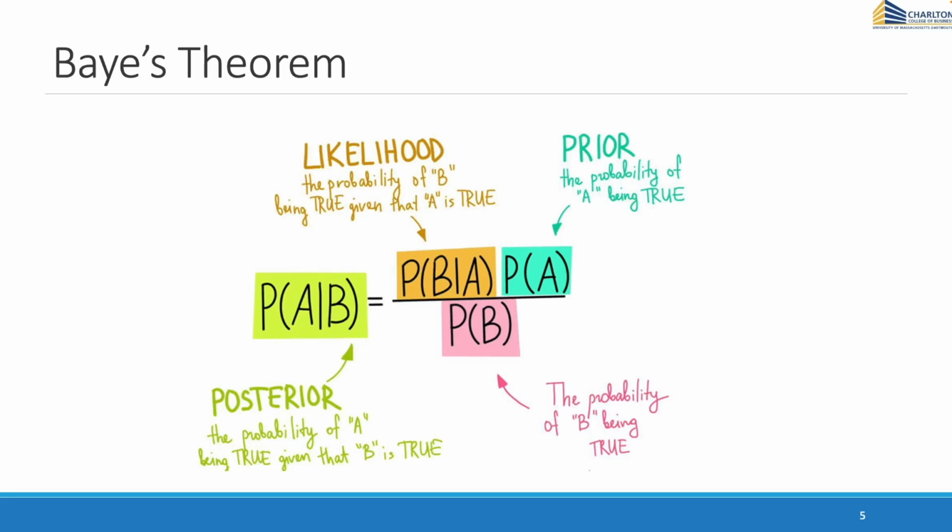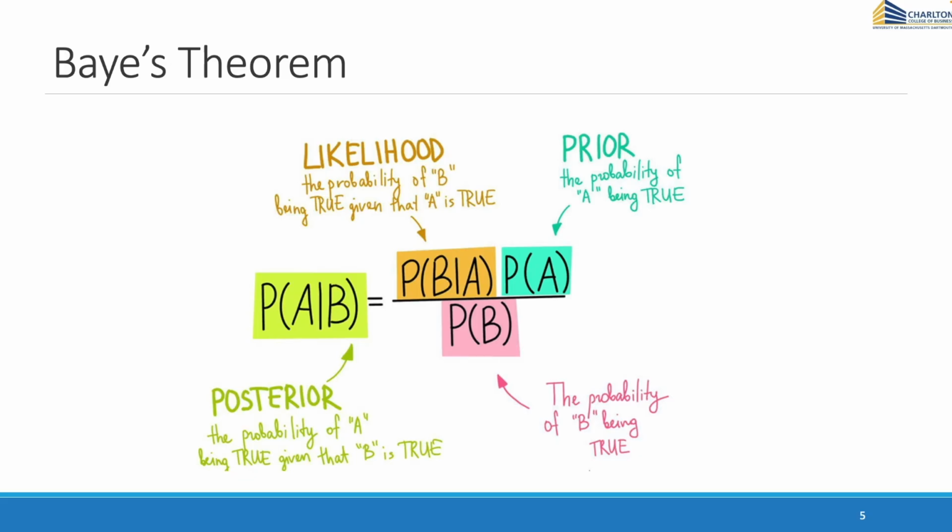Today, I'm going to talk about one of the most important topics in probability, named Bayes theorem. Bayes theorem, named after Thomas Bayes, gives a mathematical rule for inverting conditional probabilities, allowing the probability of a cause to be found given its effect.